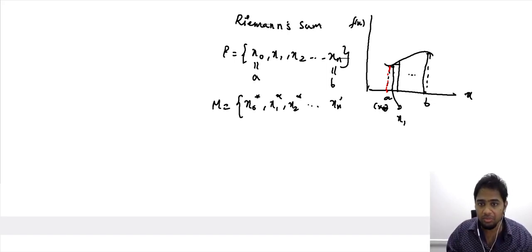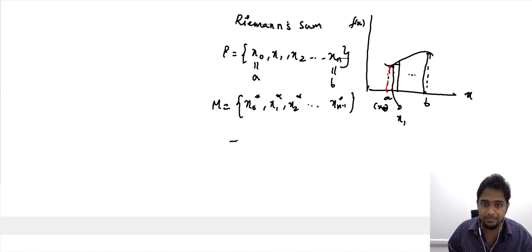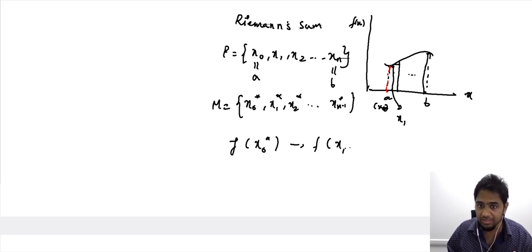So when you introduce these midpoints, up to the midpoint before xn, what it enables us to do is approximate the length of these individual rectangles as f of x1 star, or in a more generalized way, we can express the length of these individual rectangles as f of xi star.